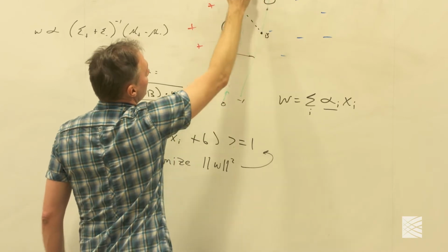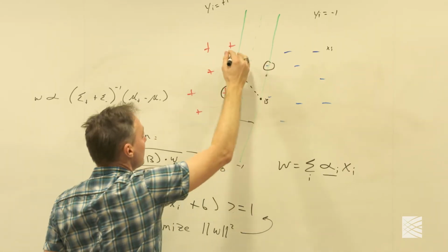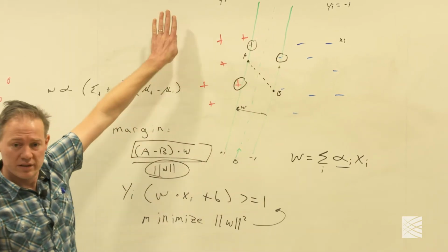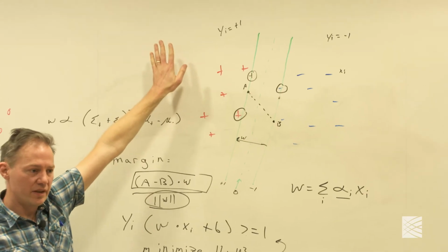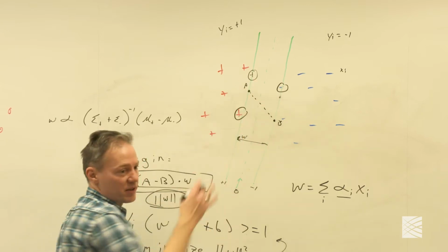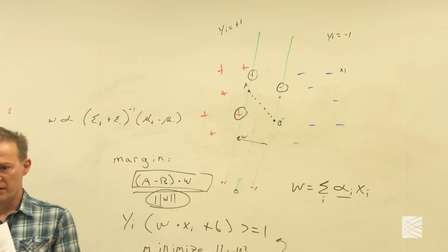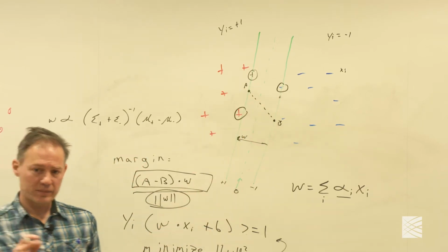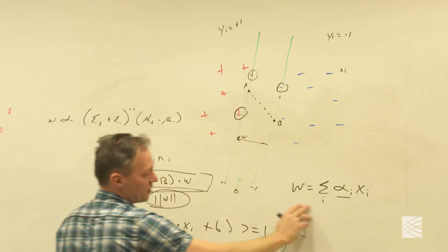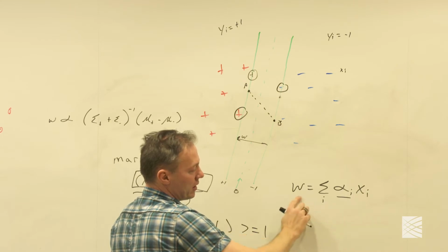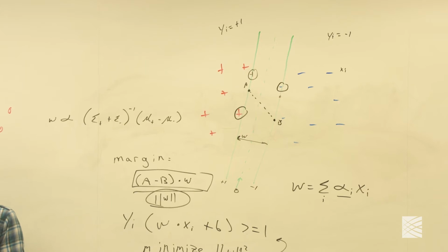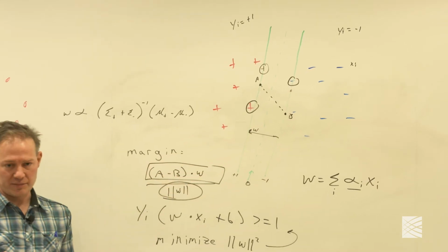So the boundary should probably be, there should be another point here or something to constrain it. And everything else won't have any effect. And these are called the support vectors. That's where the name comes from. There's going to be some sparse set that constrain the maximum margin, depending on the dimensionality of your data. You're going to get some sparse set of terms, and then your W, your projection direction will depend only on those points that are on the margin. And so it's hopefully a small set of points.